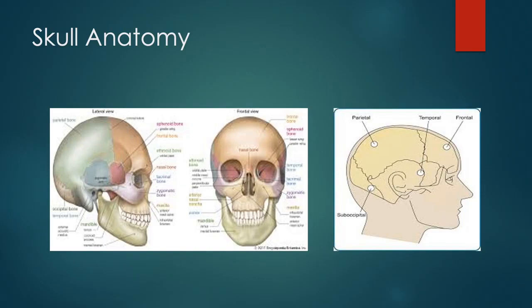Its significance basically is that the middle meningeal artery, after it enters the skull through foramen spinosum and then goes into the sphenoid ridge, fans out. At this point, at the pterion, it fans out.